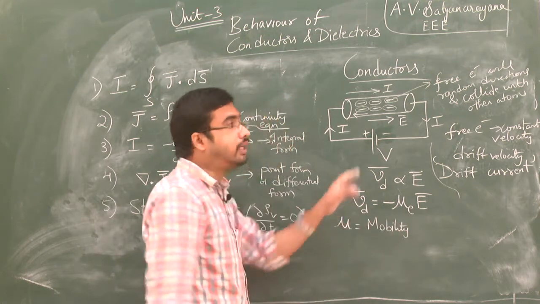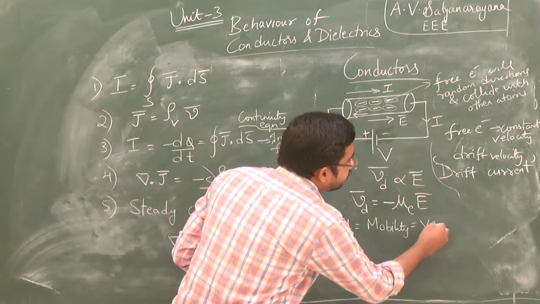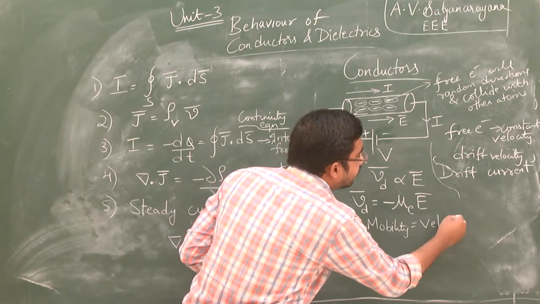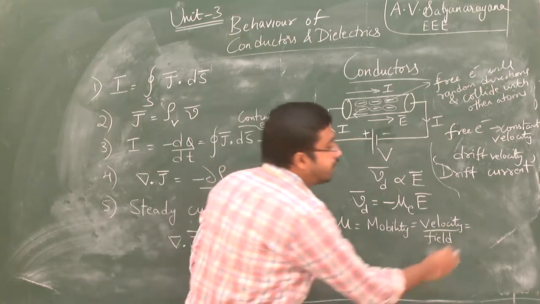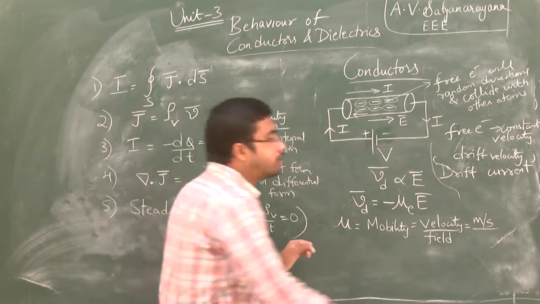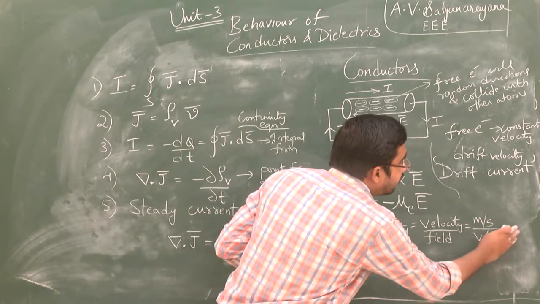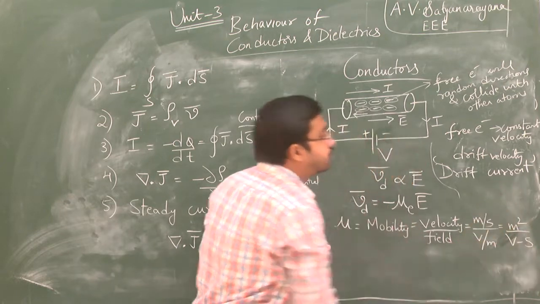That means here mobility of the electrons, where that mobility is given by velocity by field. Velocity is expressed in meters per second and field is expressed in volts per meter. So finally your unit is meter square per volt second.